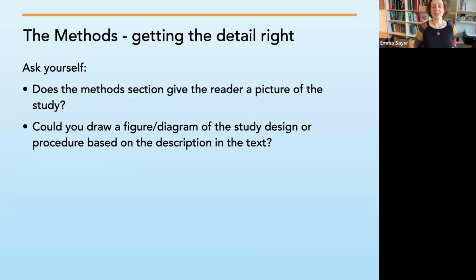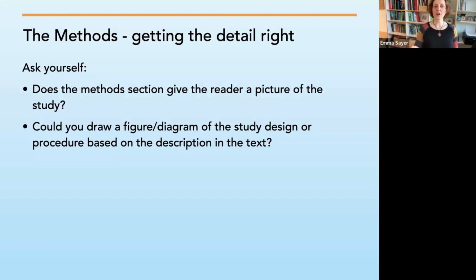One reason this is a helpful thing to ask: if I'm reviewing a paper and I find the methods poorly written and I'm getting confused and I don't really know what the authors have done, I will try and draw a diagram.